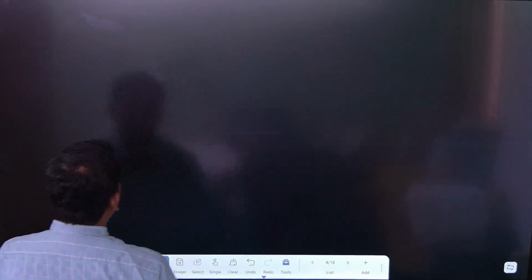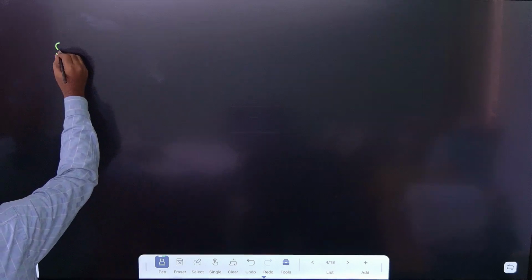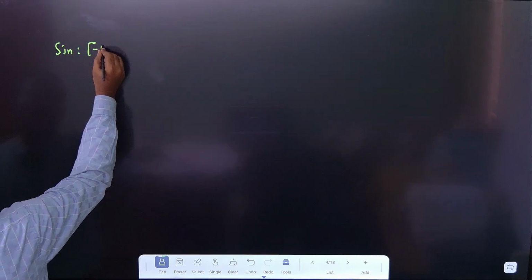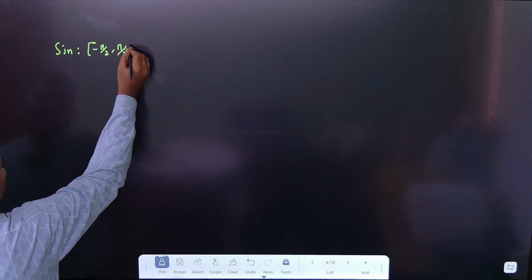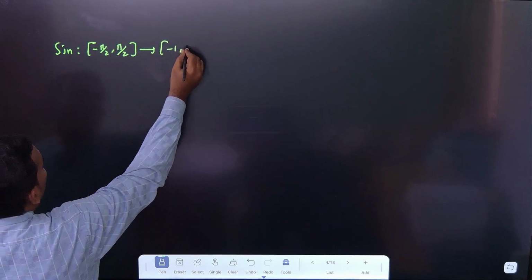So next you have to understand the basic functions. You can see the modulus function: the domain you can take any real number, but the range is 0 to infinity. But when you take the sine function, you have to remember sine and cos, they will ask questions from the sine. The sine is a function from minus pi by 2 to pi by 2, and the range is minus 1 to 1.